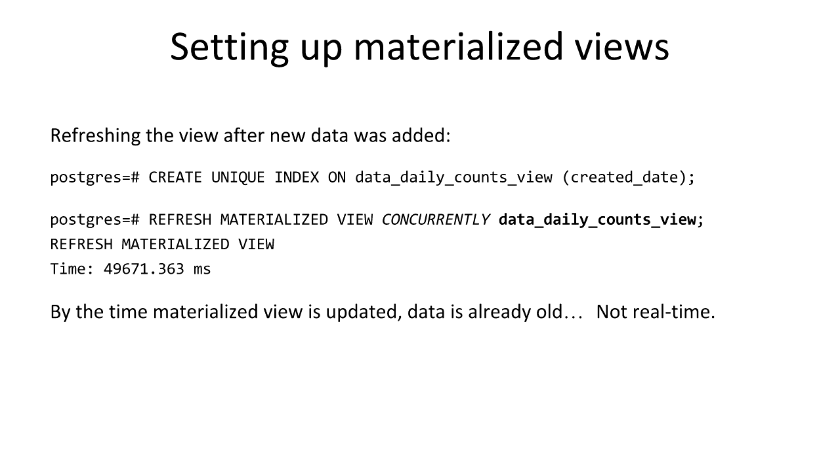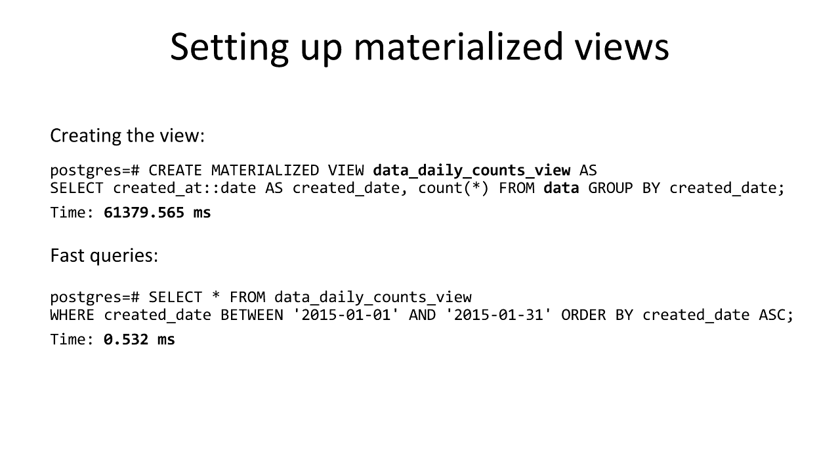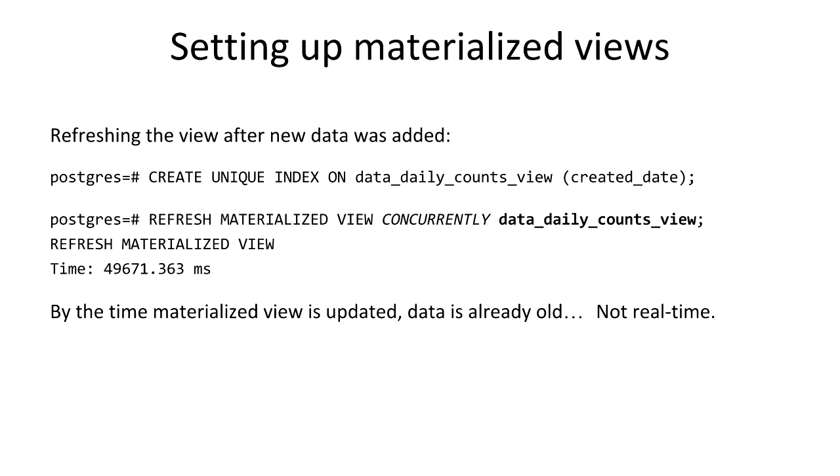In this case, the month of January only has 30 days, so it's not very interesting to have an index on 30 days. But later on, we'll show you what happens if you group by date and event type and repository, and then suddenly you have a pretty large number of rows in your view. In that case, you probably really want an index for the queries coming in from your dashboard, like that one, to be very fast.